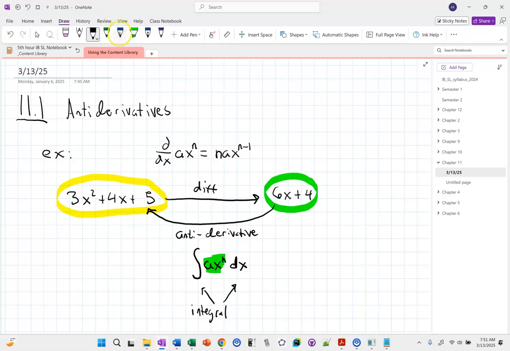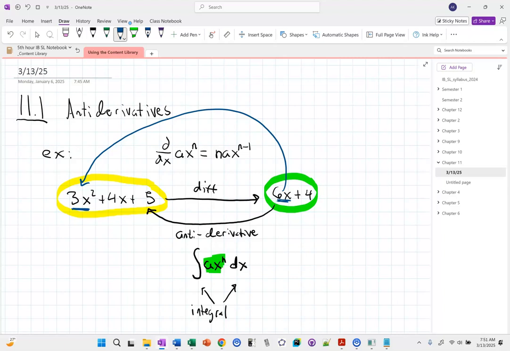So what am I going to have to do to turn the 6x into 3x squared? Divide by 2 and add 1 to the exponent, right?